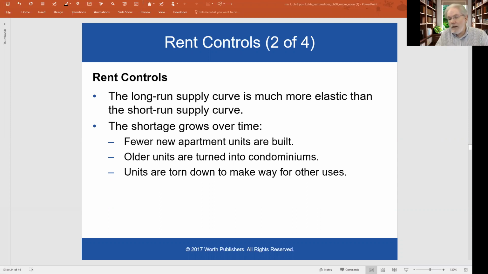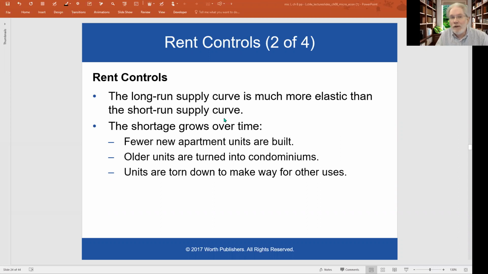We also said that one example of a price ceiling that is often used is rent control, where the price that landlords can charge for apartment rent is fixed by the government. We pointed out that the long run supply curve is a lot more elastic than the short run supply curve.